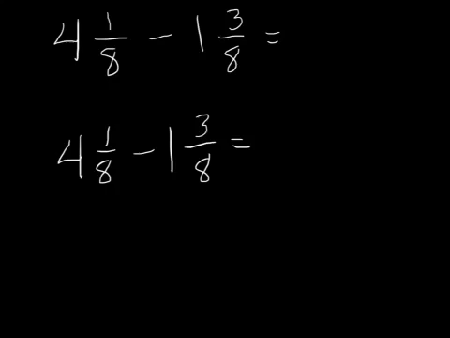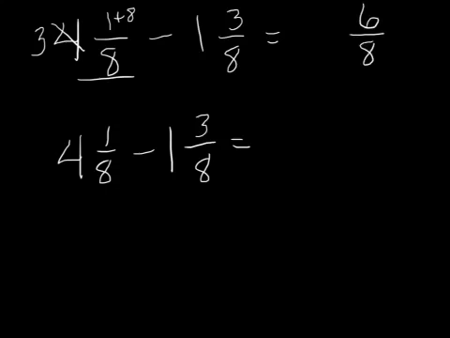So 1/8 minus 3/8, I can't subtract 3 from 1, so I'm going to borrow from my whole number. This becomes a 3. 8/8 would be what that 1 whole that I just borrowed looks like. So I need to add 8/8 to my 1/8. That turns this side of the fraction into 9/8. 9 minus 3 is 6.